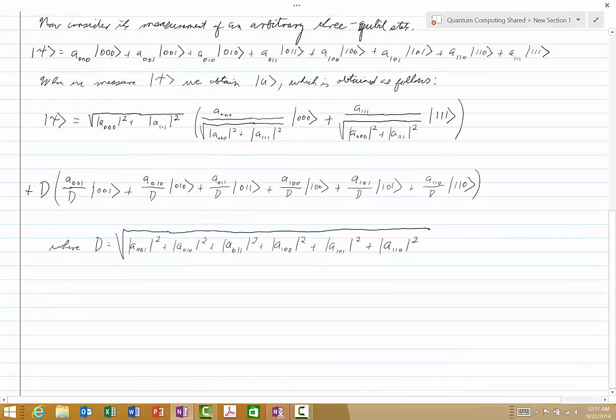Okay, so to continue now, when we measure C, we will obtain U, and U is, I said obtained here, but maybe I should say found rather than obtained, which is found as follows.